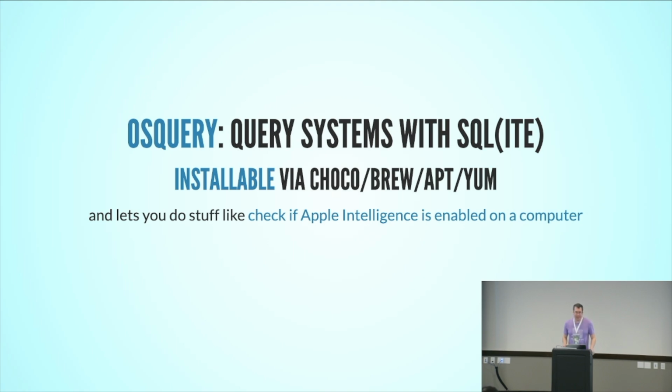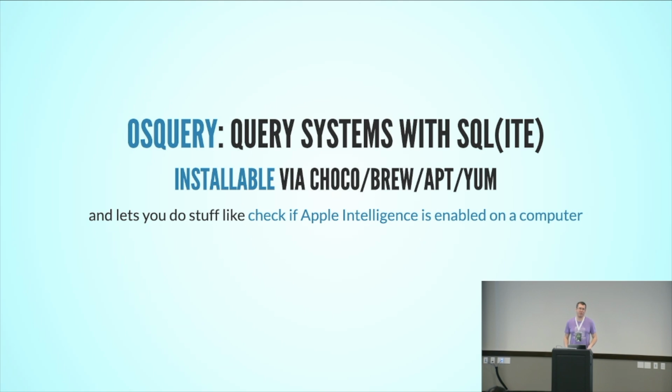So, what osquery does is it exposes a whole bunch of your system's behaviors, a whole bunch of system configuration, hardware, software, networking, et cetera, all via SQL, specifically SQLite. You can do joins, you can do selects, and all of that parsing of config files, system APIs, et cetera.